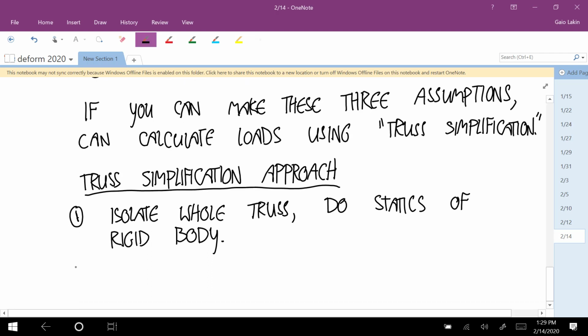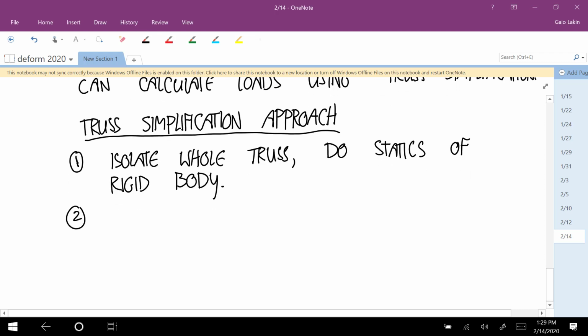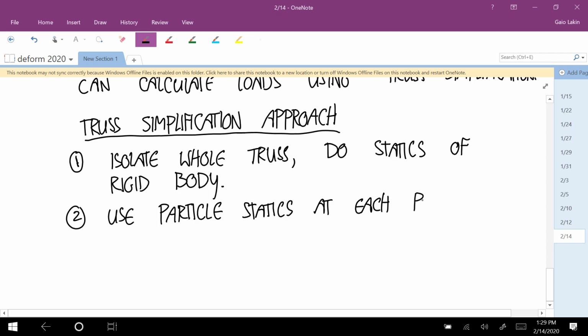And then second, use particle statics at each pin. Or if you're doing it in 3D, at each pin or ball and socket joint.